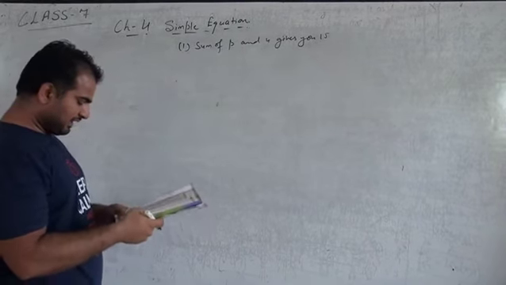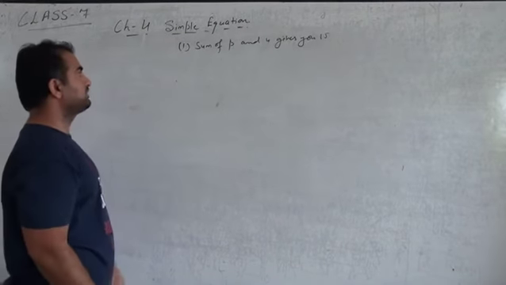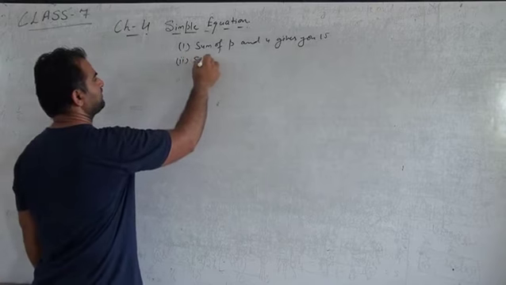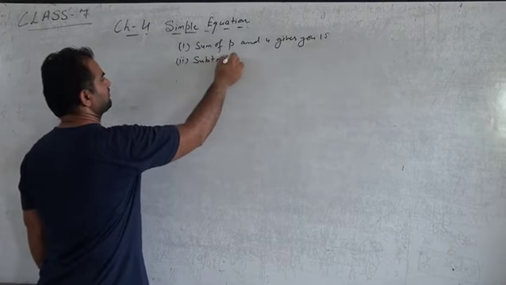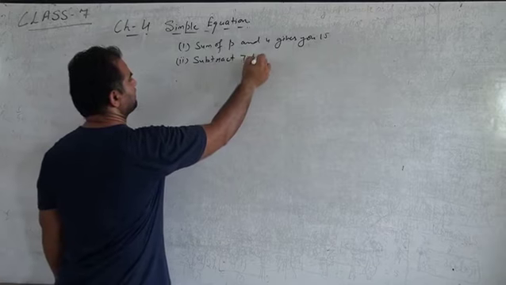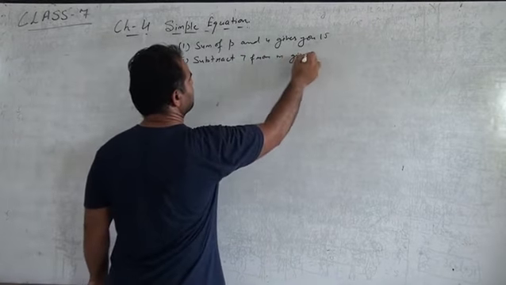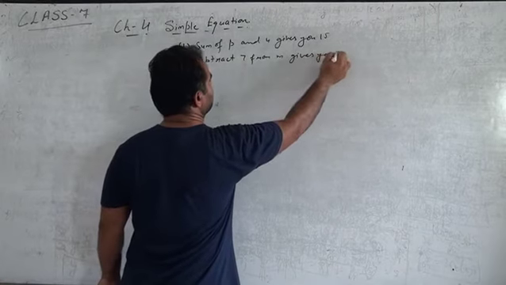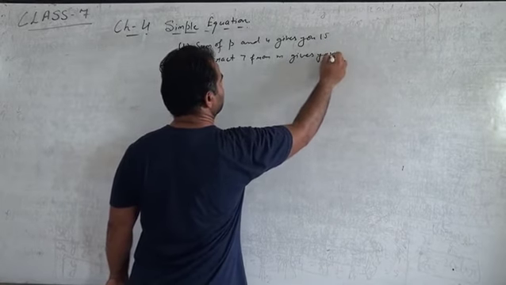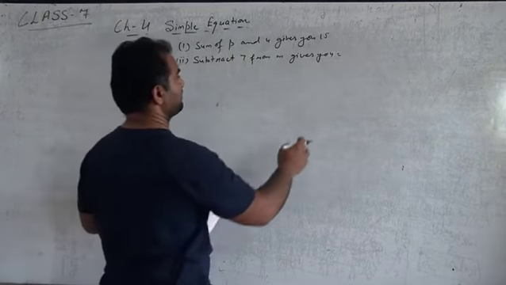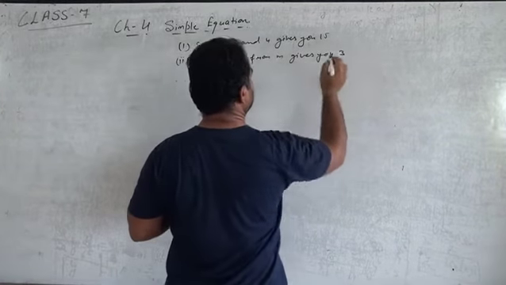Next is m minus 7 equals 3. Subtract 7 from m gives you 3.